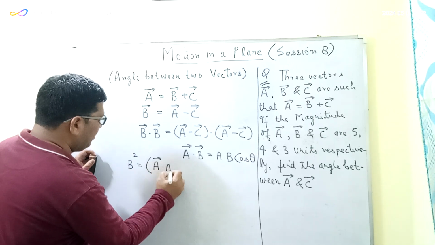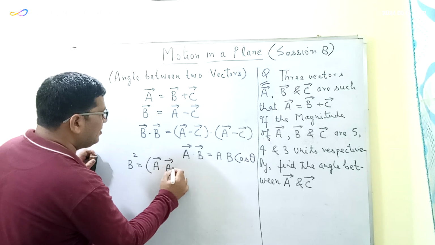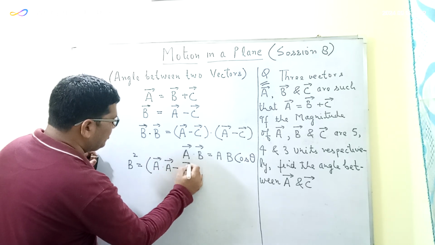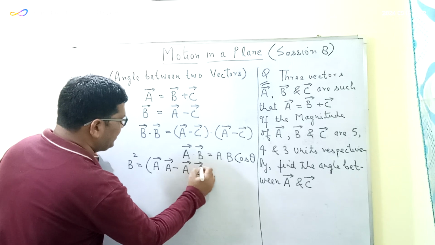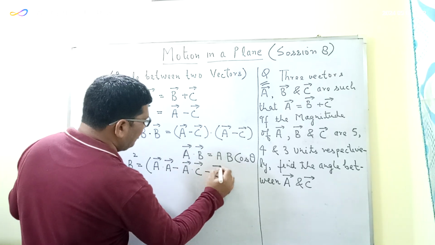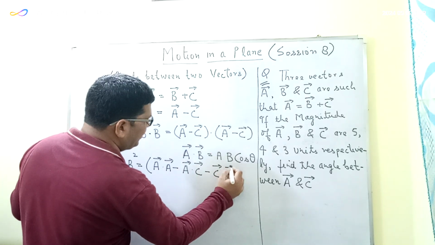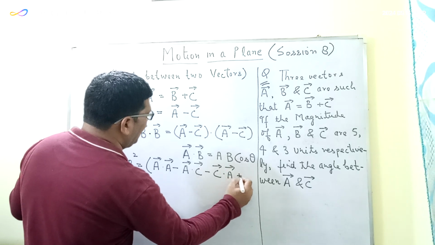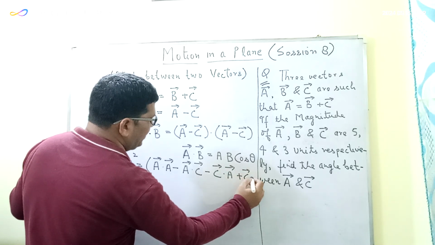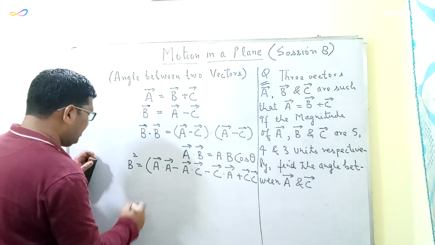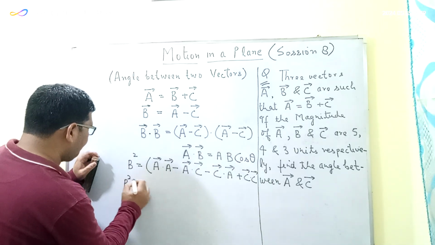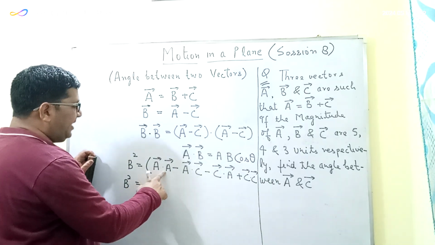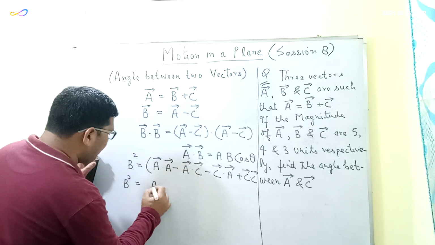And the right side can be written as vector A dot vector A minus vector A dot vector C minus vector C dot vector A plus vector C dot vector C. Vector A dot vector A will be A square.